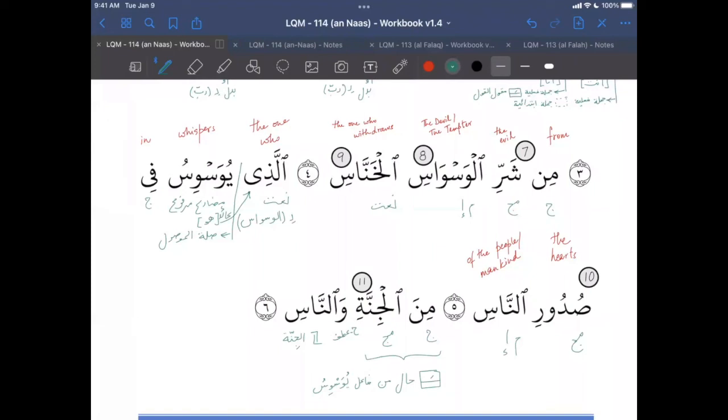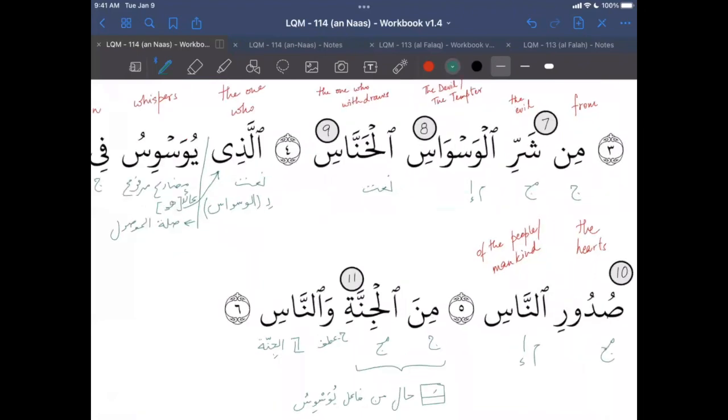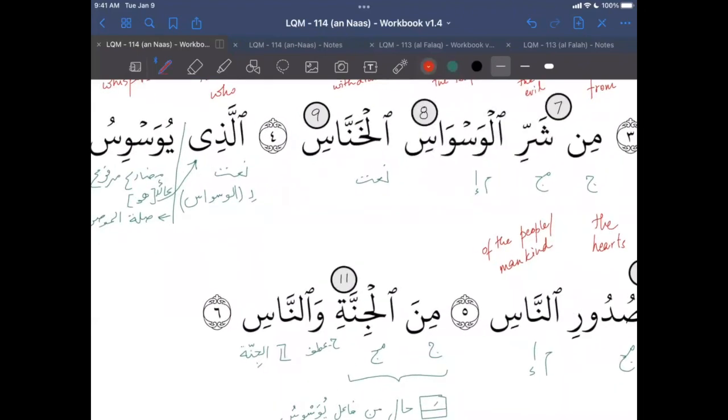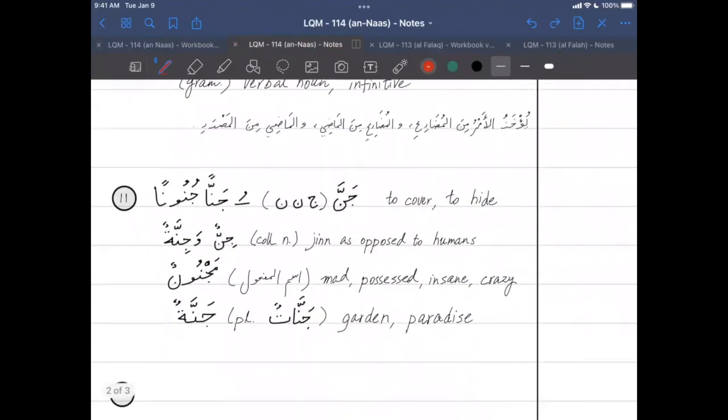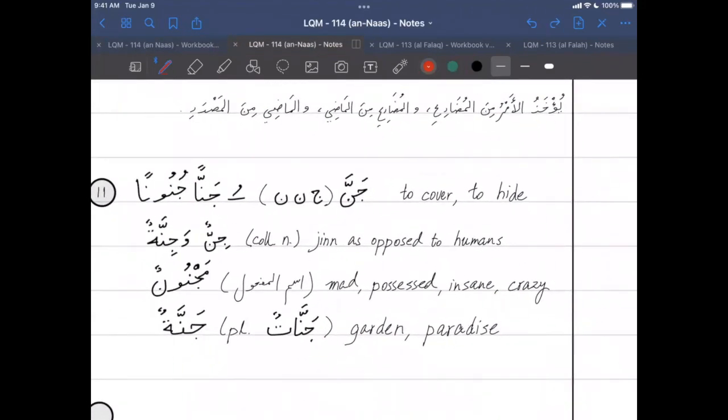Let's look at the meanings, inshallah, and then it'll make more sense. So min is from. Jinnah comes from the verb janna, jim noon noon, yajunnu, masdar being jannan or jununan. The meaning is to cover something, to hide.